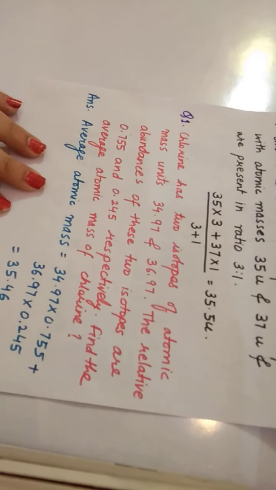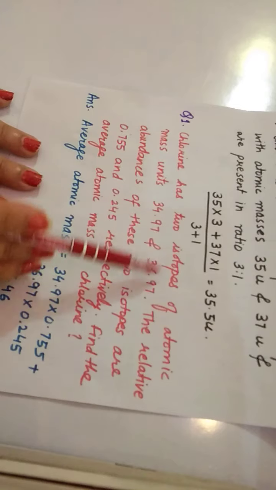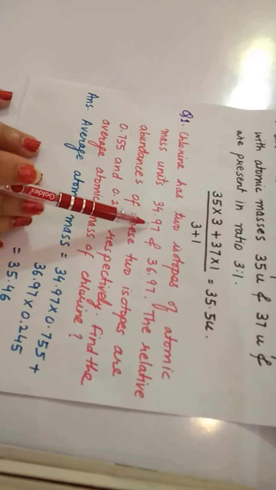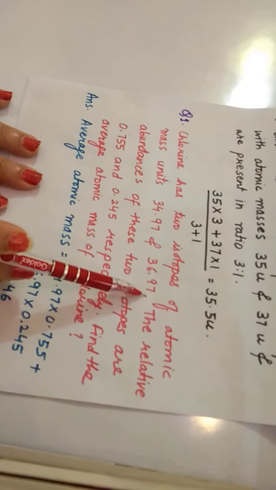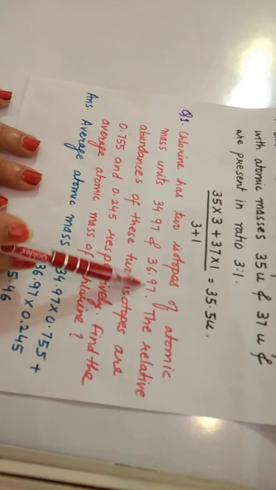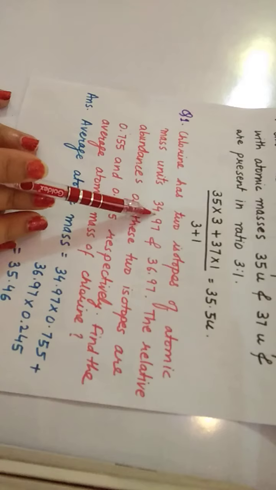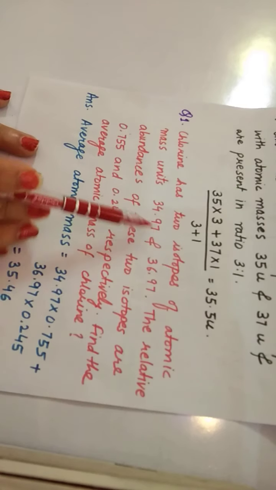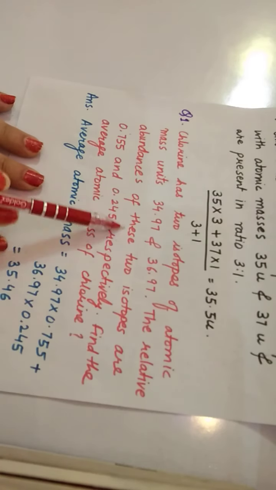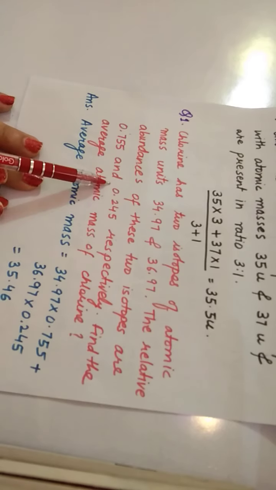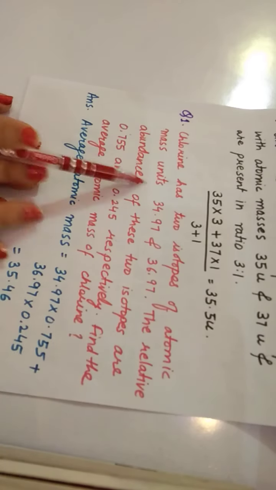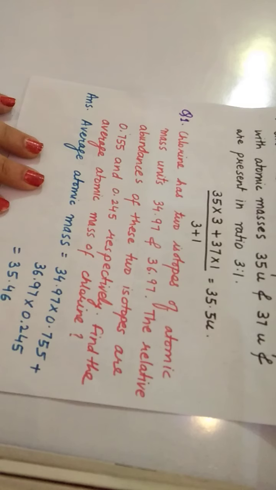Now we have one question based on this. Chlorine has two isotopes of atomic mass 34.97 and 36.97. These are the two isotopes of chlorine whose atomic masses are this and this. The relative abundance is how much quantity they occur in nature.